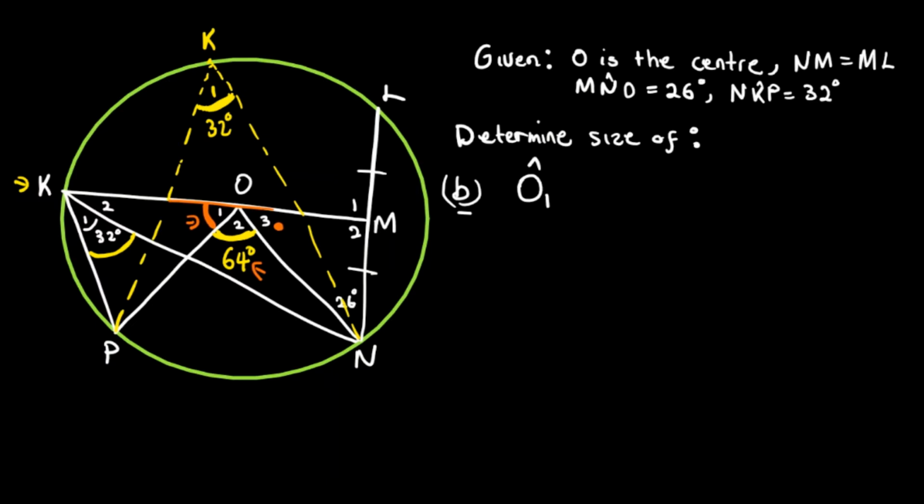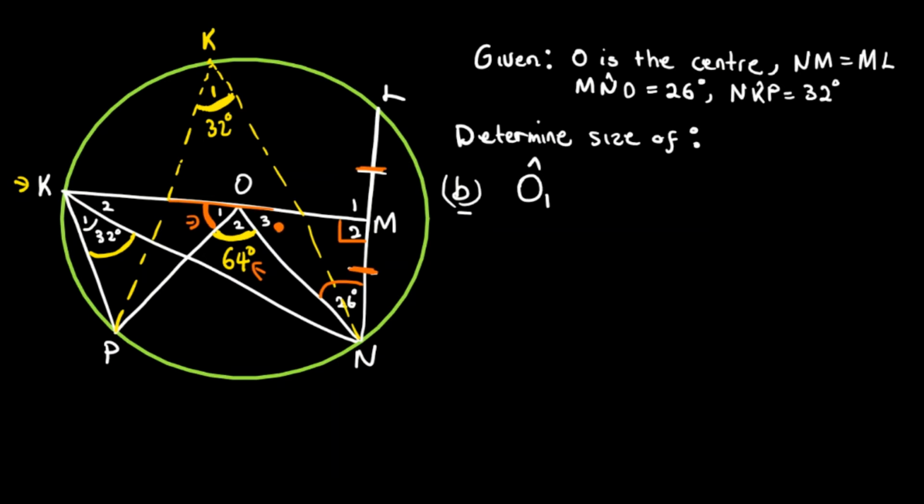How can you identify O3? We are told that NM is equal to ML, making this 90 degrees, and we already have 26 degrees here, so we can easily find O3.